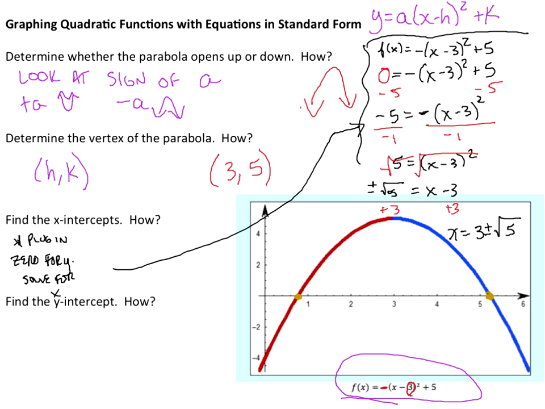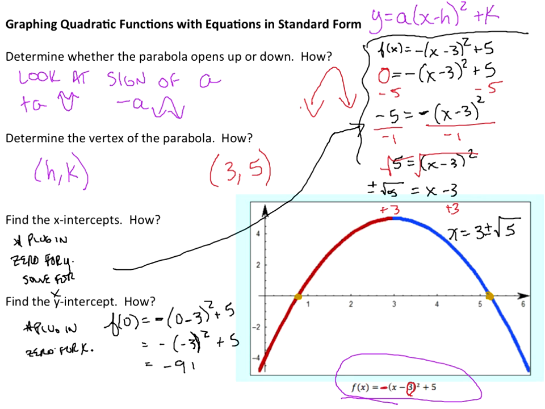All right, finding the y-intercept. The y-intercept is actually much easier to find than the x-intercept. You're going to do just the opposite and plug in 0 for x. So basically you're going to be doing f of 0, because that's what that says. Plug in 0 wherever you see x into the function. So negative (0 minus 3) squared plus 5, negative 3 squared plus 5.